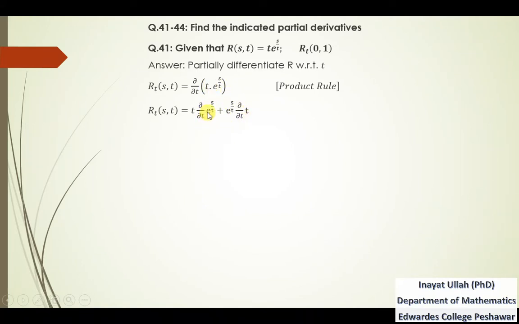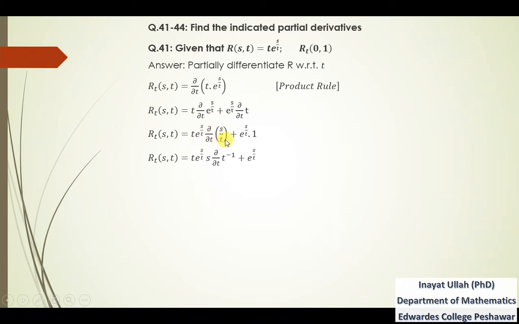Now that is the derivative of e power u. The derivative of e power u is the same e power u, times del t of this power s by t, and the derivative of t is 1. Now in the derivative of this fraction with respect to t, s is kept constant, so it stays outside this derivative.